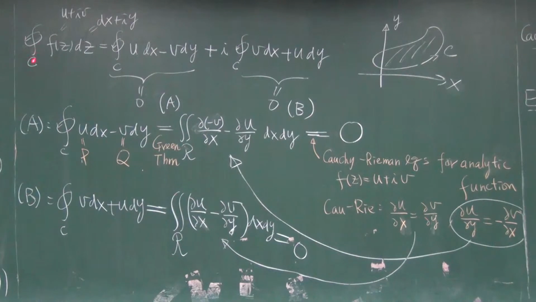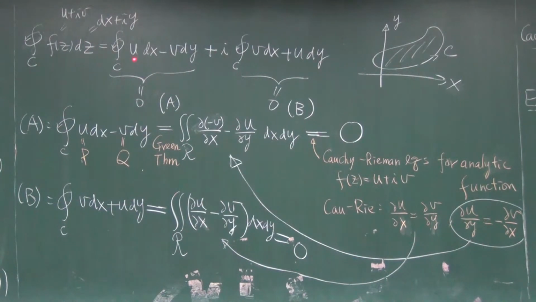We integrate a function f(z) along a closed curve C. The closed curve C is drawn on the right hand side of the blackboard. f can be written as u plus iv, dz can be written as dx plus i dy, and the result will be f dz equals u dx minus v dy plus i times (v dx plus u dy). We just obtained this result a moment ago.